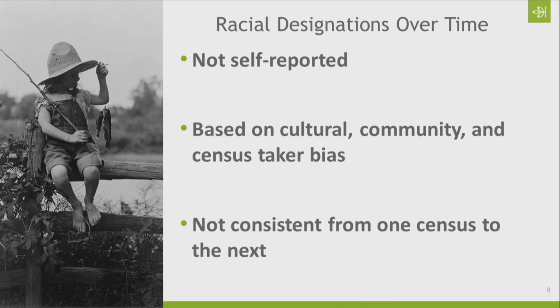So you need to be aware of that. You could have somebody listed as Black on one census and mulatto on the next census and even white on the next census, and then we're back to mulatto or listed as Negro. You could have somebody listed as Black and then Indian and then mulatto. Again, it depends on how those instructions were interpreted and how the instructions changed over time.